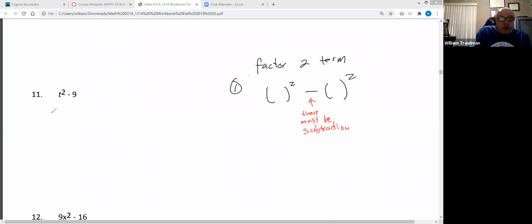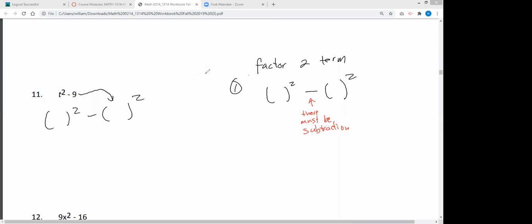So, step 1, make it look like this. Can somebody tell me what I put in that parentheses to square it to equal 9? What goes into parentheses to equal 9? Something squared. 3. Yeah, 3 squared is 9.